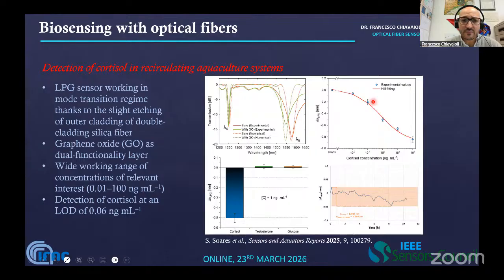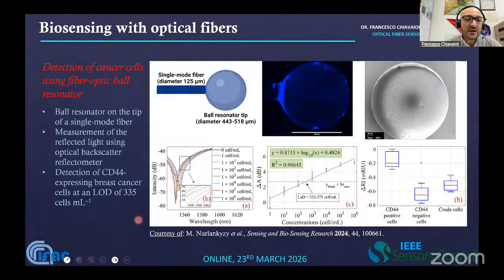Here is the example where we retrieve the calibration curve, we have the specificity test, and we also monitor the stability of the signal. Another interesting example was applied to the detection of cancer cells. The system is based on fiber optic ball resonators, and those ball resonators measure the reflected light from the ball using an optical backscatter reflectometer.